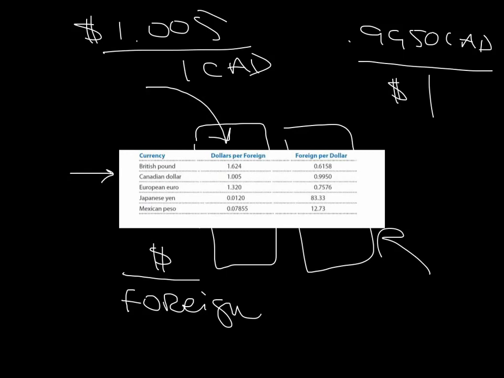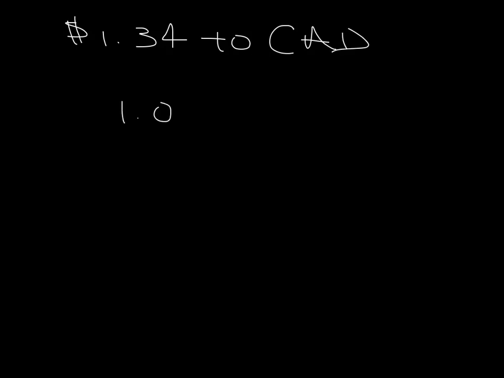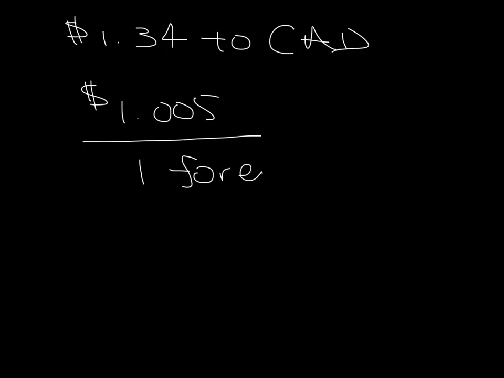Now let's go back to where let's say we wanted to convert $1.34 to Canadian dollars. And if we go back and we look at our slide, $1.005 per one foreign, which means that we have one CAD.